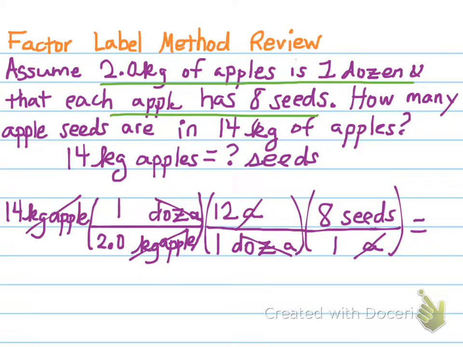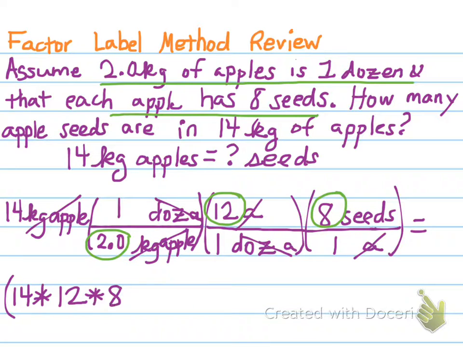Again, remember we're multiplying by numbers in our numerator. So hopefully you don't need to type a 1 in, but you're going to multiply by 12, you're going to multiply by 8. Remember, you're going to divide by numbers in the denominator, so you'll end up having to divide by 2. So how I would type this in my calculator is 14 times 12, and I might even put it in parentheses, times 8, close my parentheses, divide by 2, and then hit my enter key.